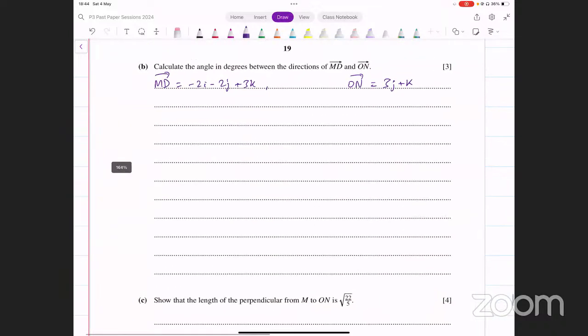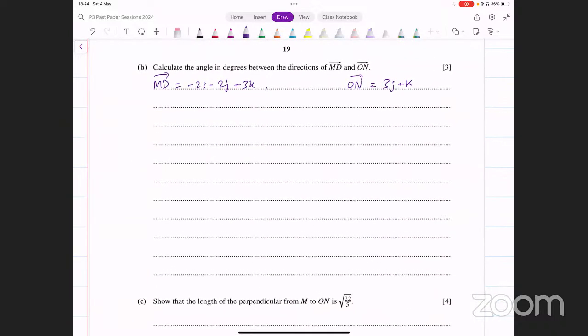Okay, we need to find the angle in degrees between these two directions. Just apply the angle formula. What's the angle formula? Cos theta equals A dot B divided by modulus of A into modulus of B. Just apply that formula.